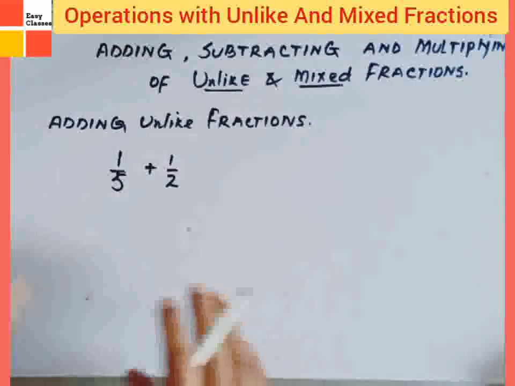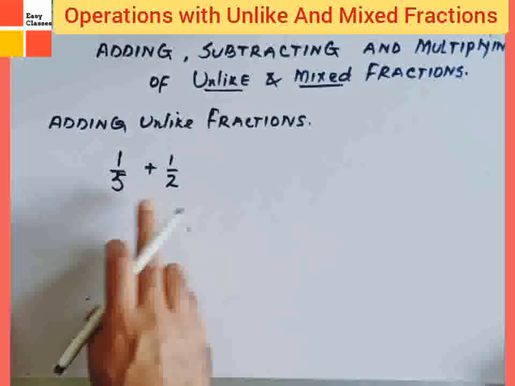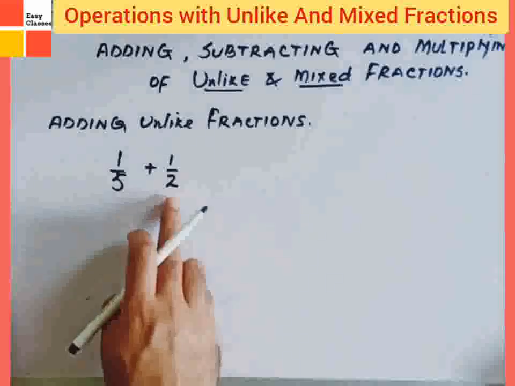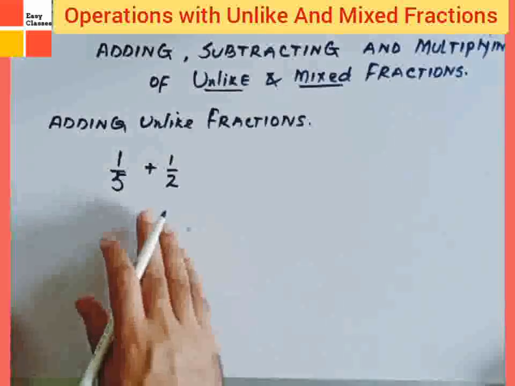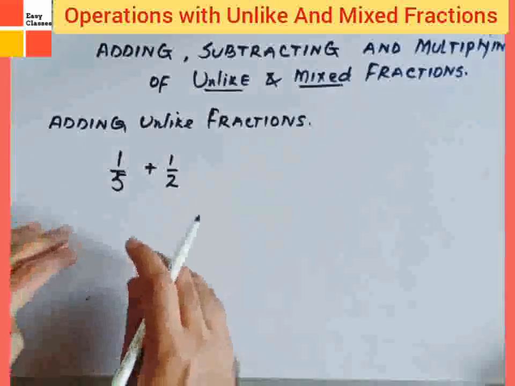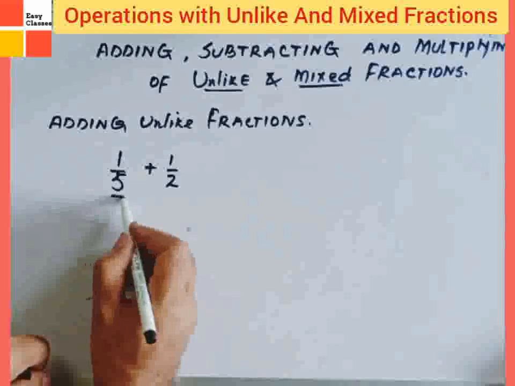So you can see that these are not like fractions, these are unlike fractions because their denominators are different, right? So this we can do by finding the equivalent fractions of each of these fractions.